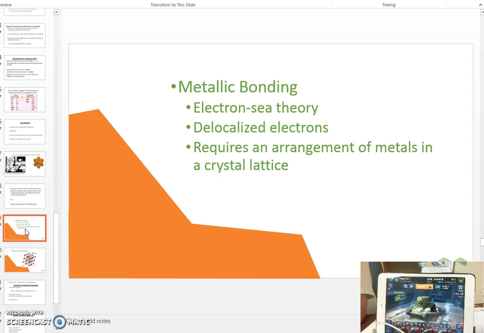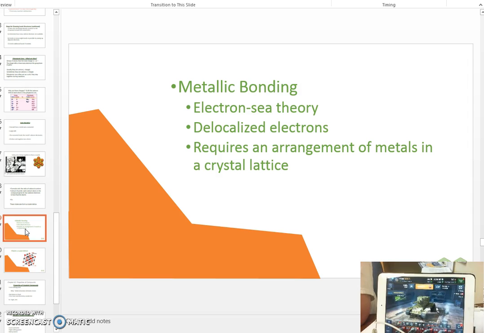That's when you start going into metallic bonding, because that is the last kind of bonding. And this is more complicated compared to covalent and ionic bonding, because here the electrons aren't quite playing by the rules. There is the electron sea theory, where you have lots of electrons that are delocalized, meaning that they're not hanging out with the nucleus of the atom.